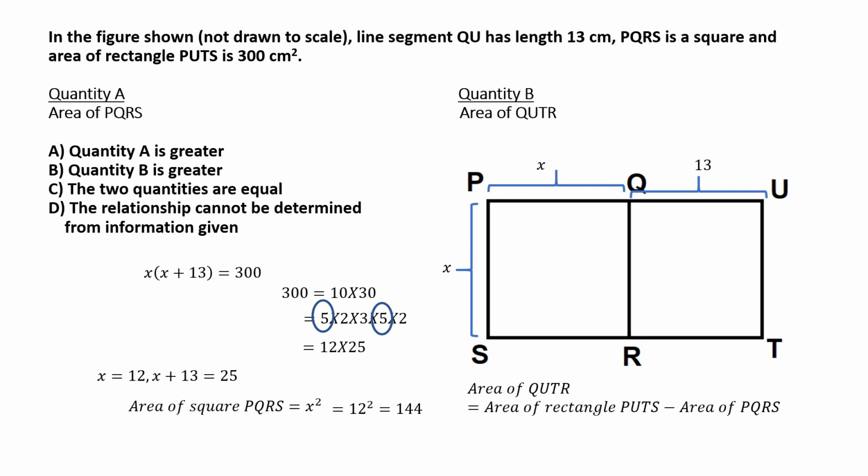The area of PUTS is 300, and the area of PQRS we just found as 144, so 300 minus 144 is equal to 156. So we see that the area of QUTR, quantity B, is slightly greater than quantity A, the area of PQRS. So the correct choice in this question will be option B. Quantity B is greater.